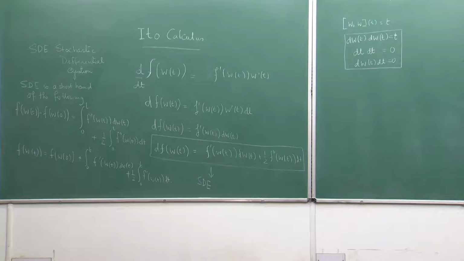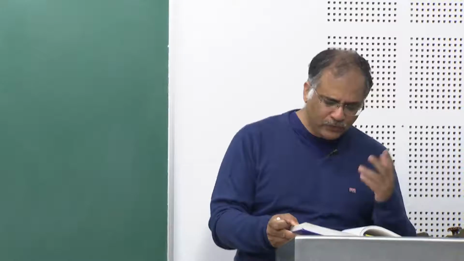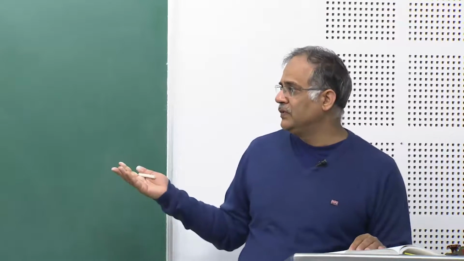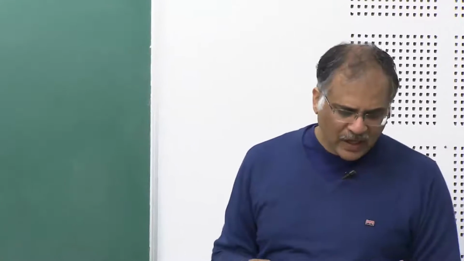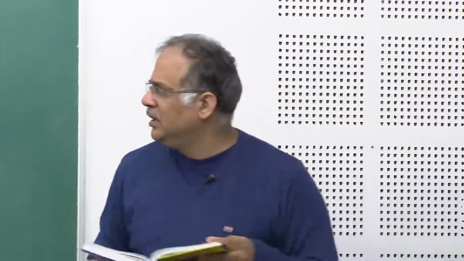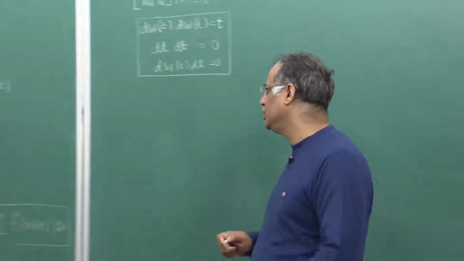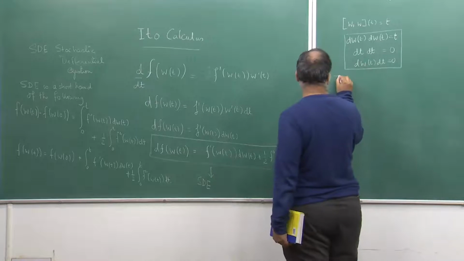Now, Ito's formula, which is also called the Ito-Doeblin formula in Shreve's book, can be done at a slightly more general level, where you take a function of two variables. So I will now write down Ito's formula for two variables.